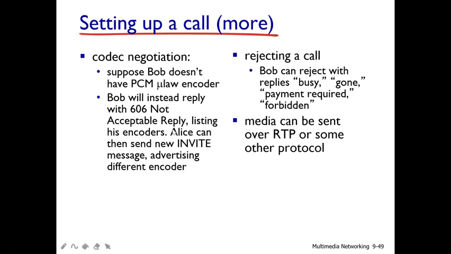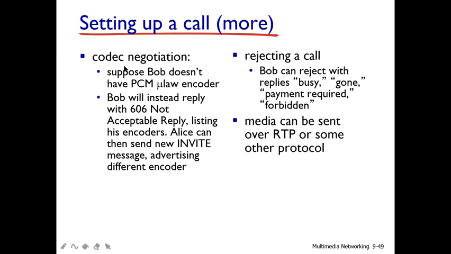Then Alice can accept the reply and list out the encoders, and send a new INVITE message advertising that she wants to establish the call, because there will be n number of clients who want to transmit packets. They can have different encoder processes, through which they are going to join.